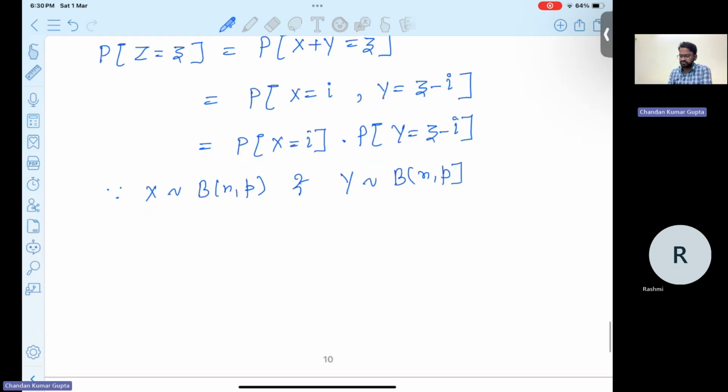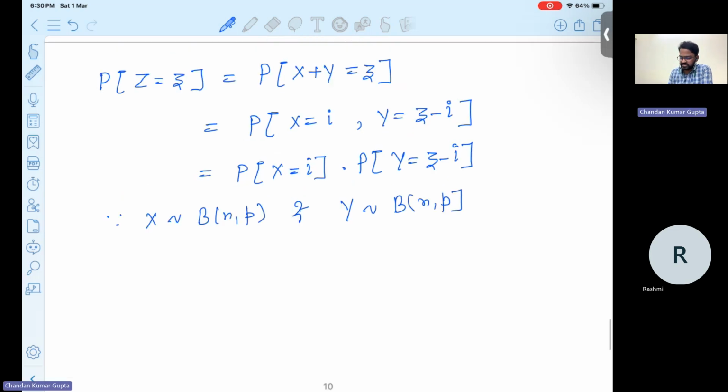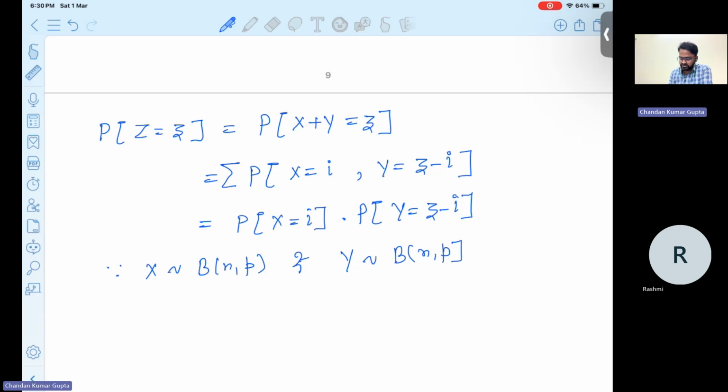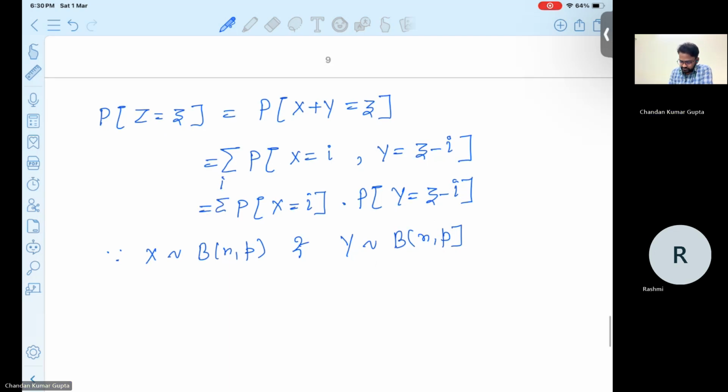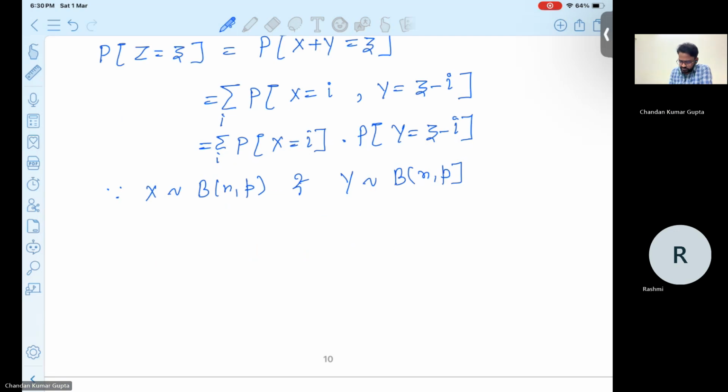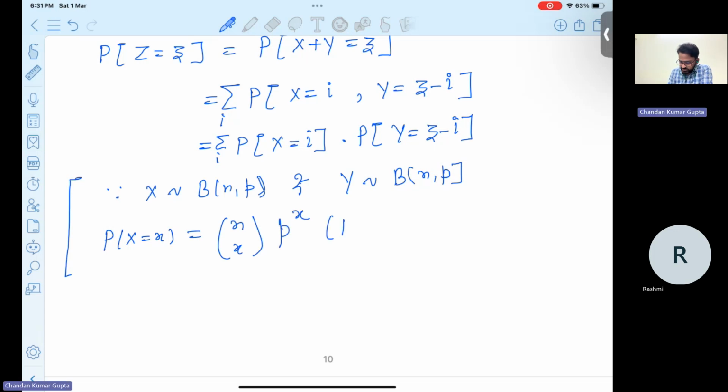So we can take the summation over I, because we need to run over all values. The probability that X equals x is nC x p to the power x, 1 minus p to the power n minus x.